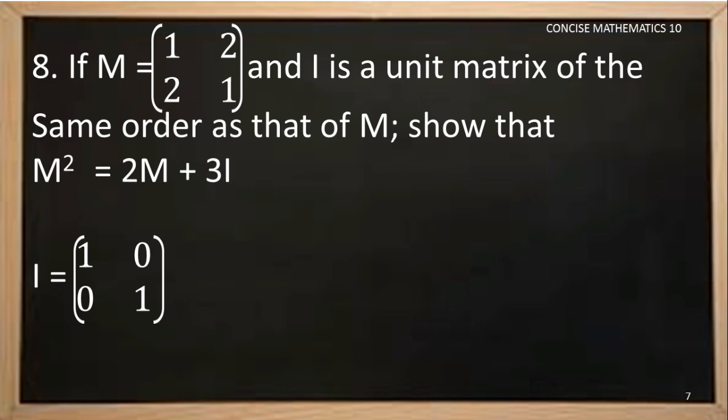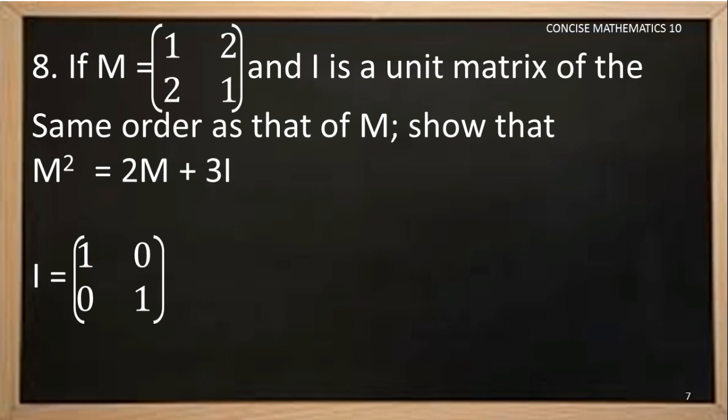In this problem also, we have to follow it in 3 steps. As it is a show that problem, what we need to show? We need to prove that M square is equal to 2M plus 3I. So in the first step, calculate M square, that means M into M. In the second step, calculate 2 into M, that is, elements of matrix M should be multiplied with the real number 2.